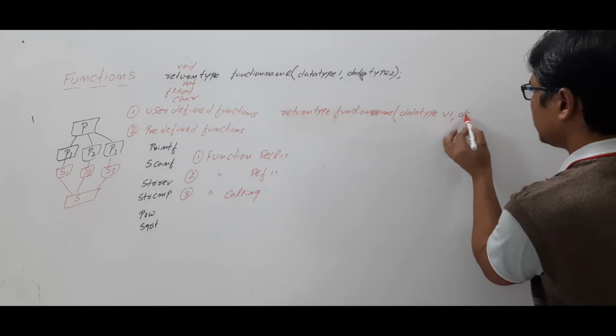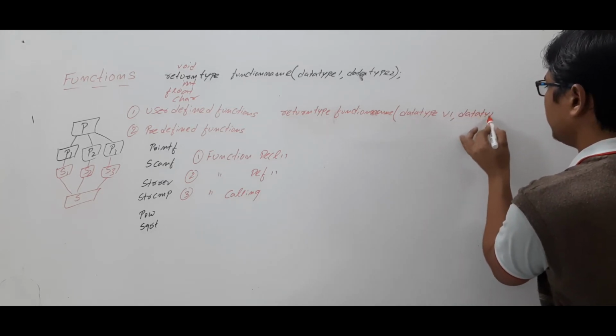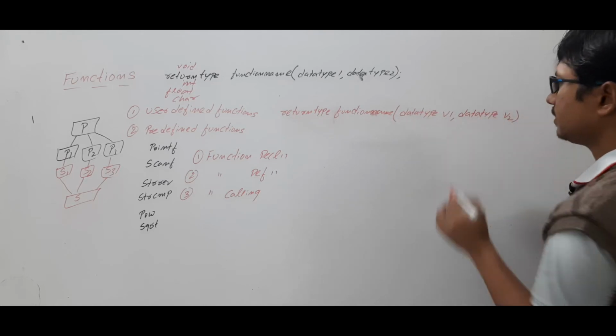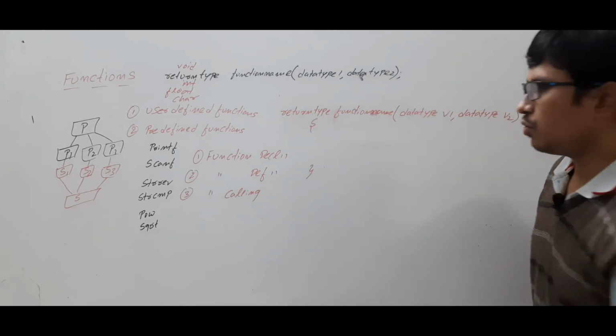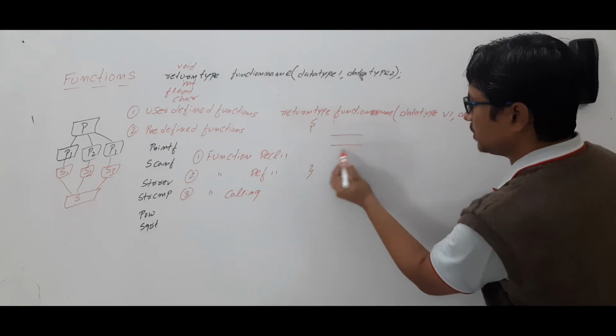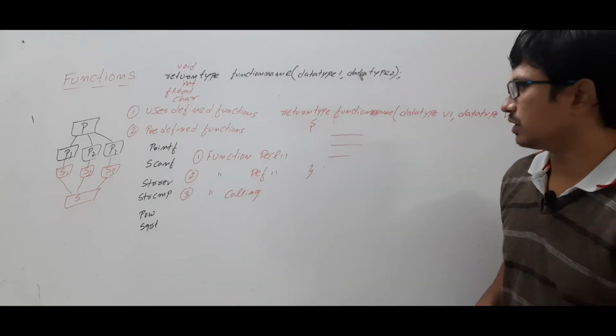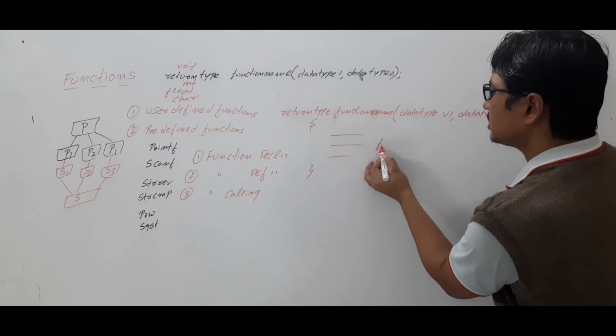You have a data type, variable v2, and you will have open and closing curly braces. Whatever statements you want to write, you will write in this function definition. This one we will call the function body.